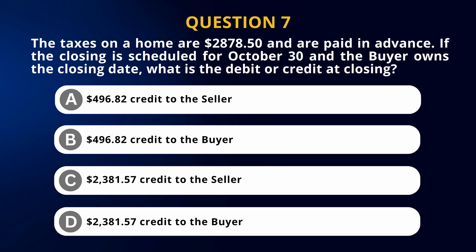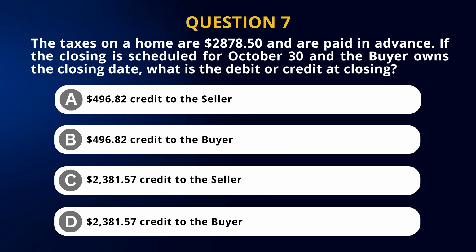Question number 7. The taxes on a home are $2,878.50 and are paid in advance. If the closing is scheduled for October 30th and the buyer owns the closing date, what is the debit or credit at closing? Letter A, $496.82 credit to the seller.